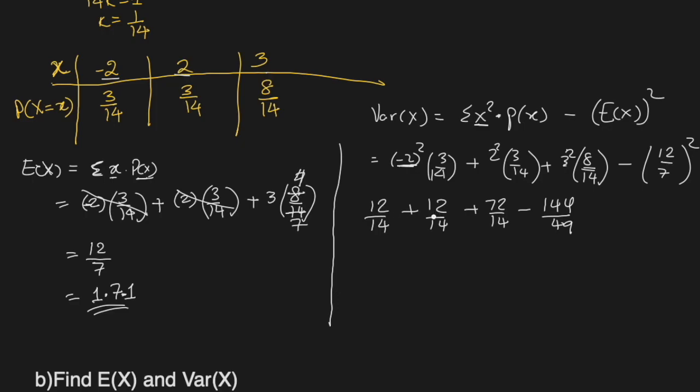So 12 plus 12 is 24, plus 72 is 96 over 14, minus 144 over 49, which comes out to be 192 over 49, or in decimals it will be 3.91836, so I can write 3.92. They have not specified what sort of answer we should write, so we can write this as a fraction as well as decimals.